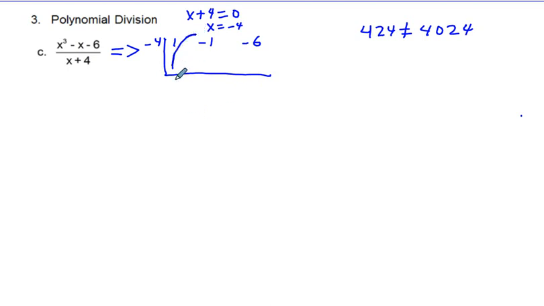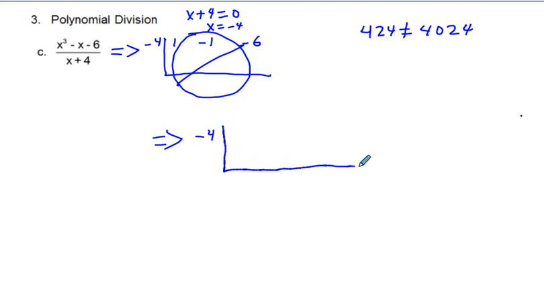And so what we have to do is make sure all the places are represented, so that the true representation is this one down below, which is negative 4 again on the outside, and on the inside we have 1x cubed, 0x squared, negative 1x, and negative 6.